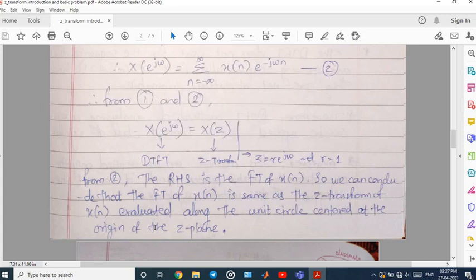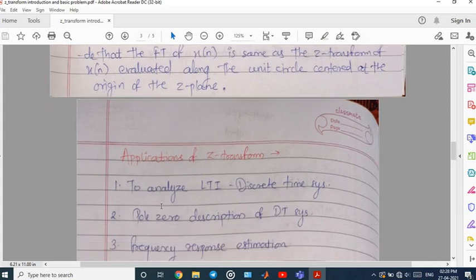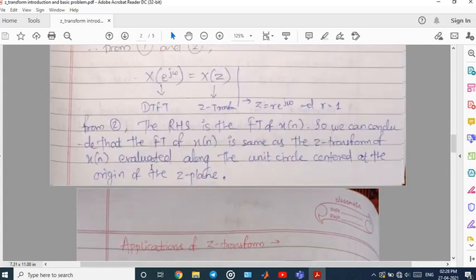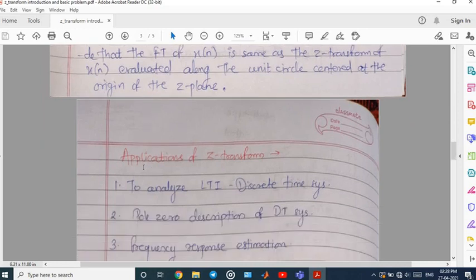It is placed in the z plane, which has real values on the x-axis and imaginary values on the y-axis, and we have to plot the poles, and according to that we have to draw the region of convergence. The applications related to ROC we will see in the next lecture. It's quite complex to understand, but very simple.